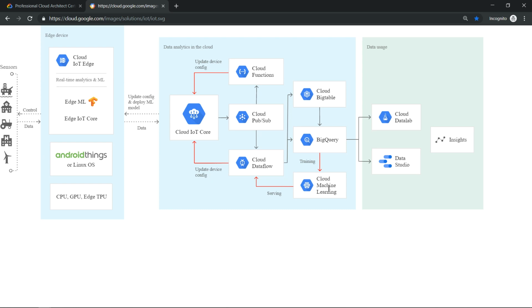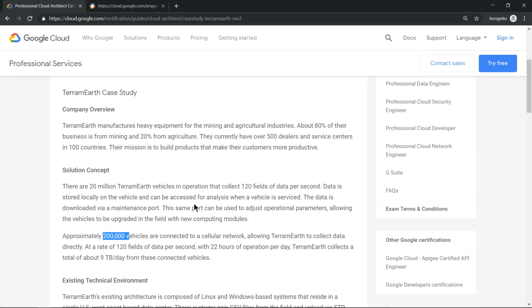So you can use Cloud ML Engine here, do some machine learning, and give that as an output, predict it. So or fine tune information, send it back to your Dataflow, from there to your IoT Core, and IoT Core can update that information in the vehicle. So that's what they indicate here.